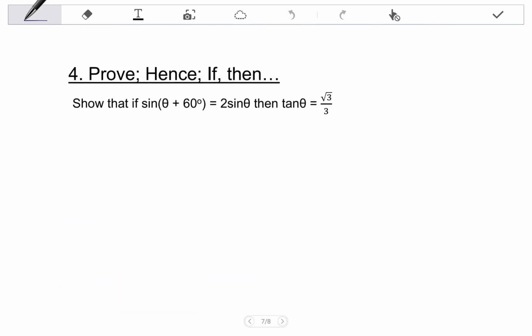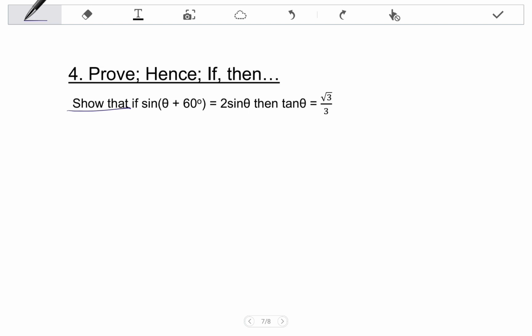Right. One more example. Okay, and this is an if-then type question. So if we just read this, let me take away that big ugly circle. Show that if sine of theta plus 60 degrees is equal to 2 sine theta, then tan theta is equal to root 3 over 3.